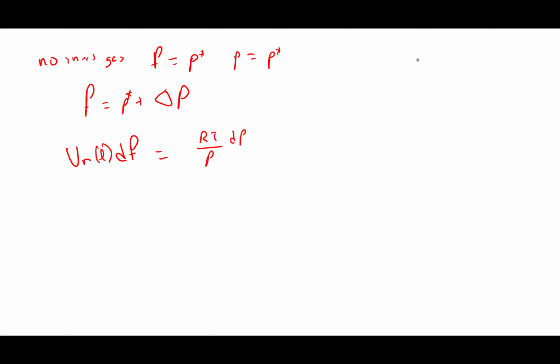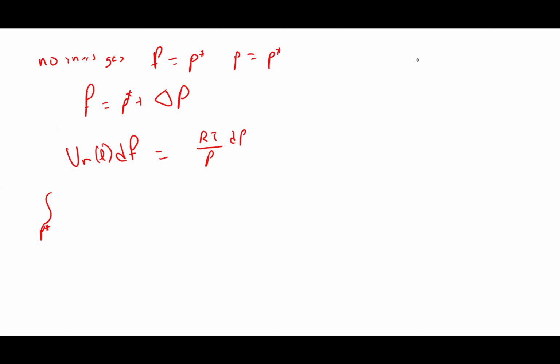So on the left-hand side, we would have an integral going from the original vapor pressure, because our capital P is the normal vapor pressure plus the change.